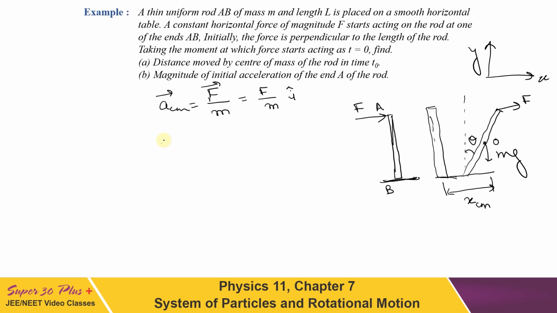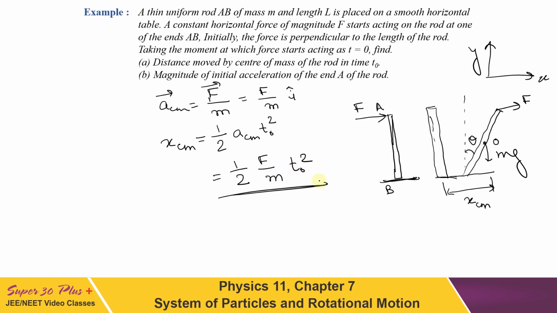So displacement xcm will be half acm t0 squared, and from here we get half F upon m t0 squared. So this is the distance moved by the center of mass of the rod in time t0, which is our part A.